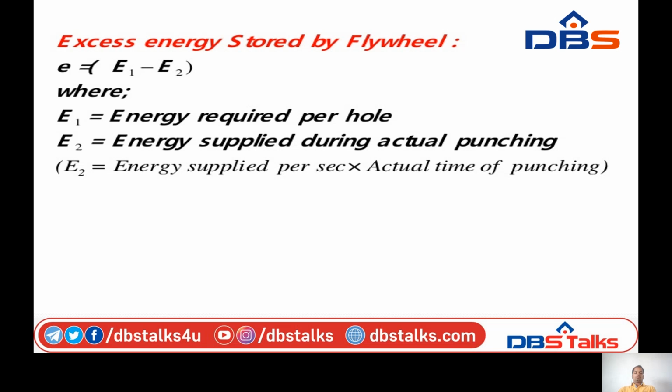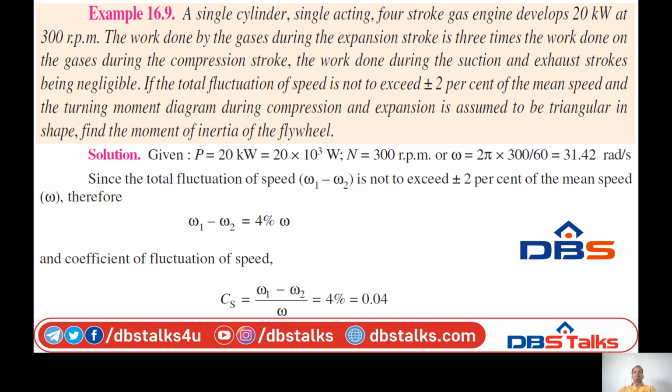It is assumed that if a hole is punched, the shear force decreases uniformly from maximum value to 0. Then the work done or energy required for punching a hole is E is equal to half Fs, that is shear force into the thickness. So these are the things we need to know.